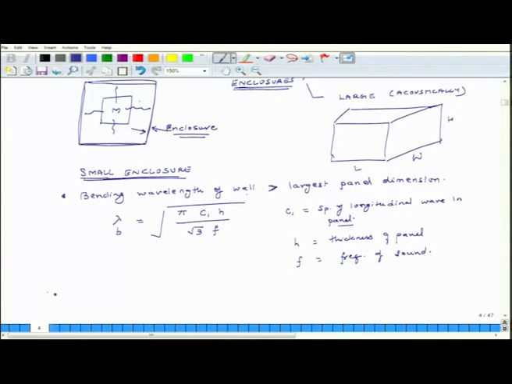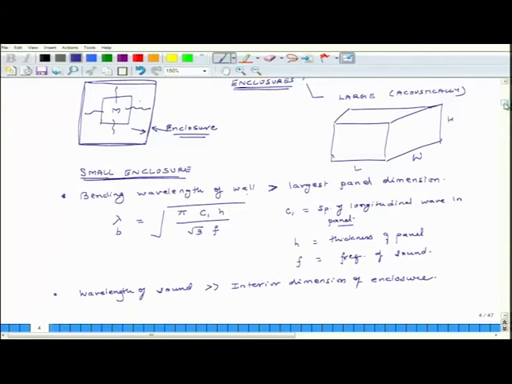The other condition is that the wavelength of sound is very large compared to the interior dimension of the enclosure. It is very large.